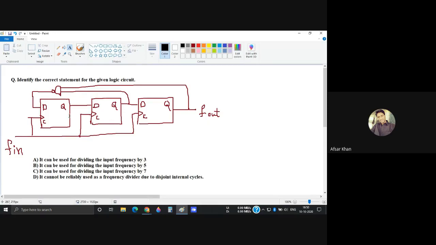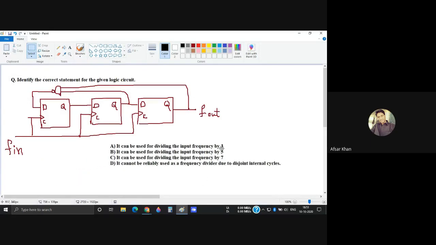So students, we have been given this circuit of D flip-flops, and we have 4 options. We have to identify the correct statement. Have you written the question, students? Yes, sir. We will solve this within 5 minutes and we will wind up the class.